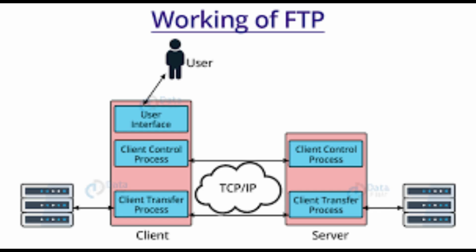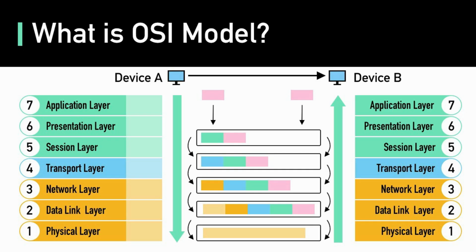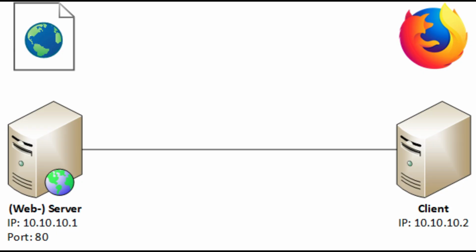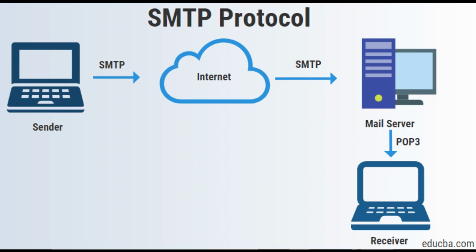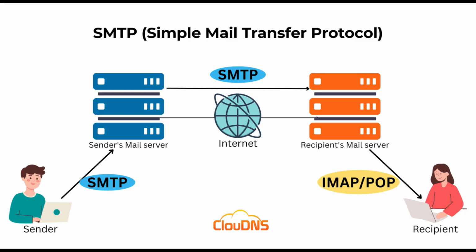What is the importance of networking protocols? They are essential for using the internet and digital communication, allowing devices to communicate with each other regardless of their internal processes, structure, or design. Examples of common networking protocols are TCP and IP, HTTP, FTP, SMTP, DNS, DHCP, and ICMP.